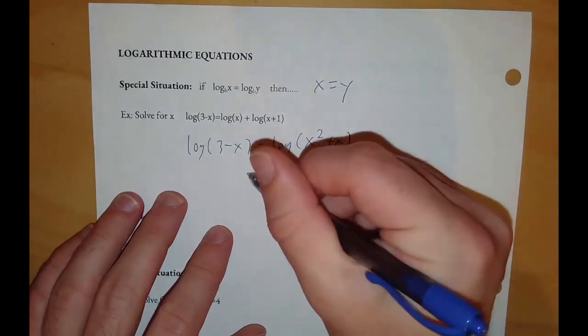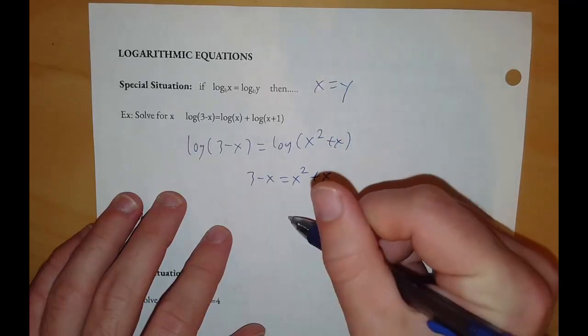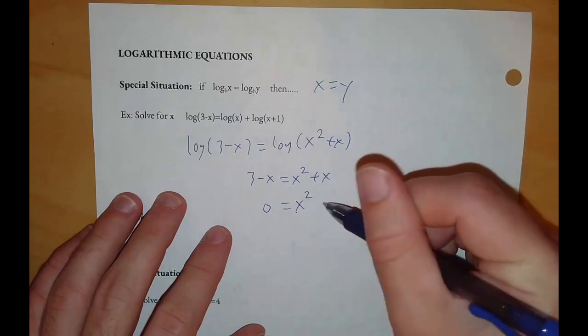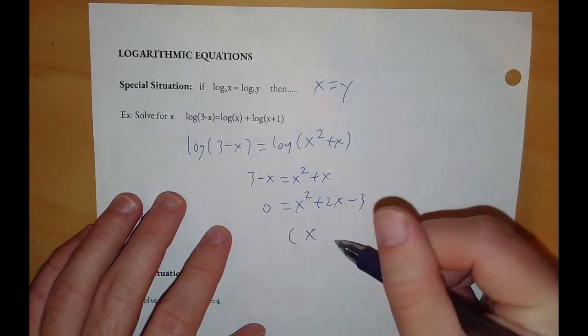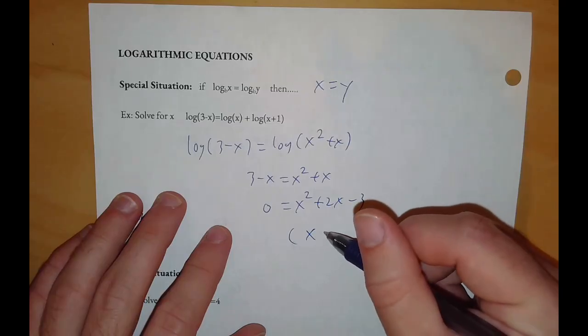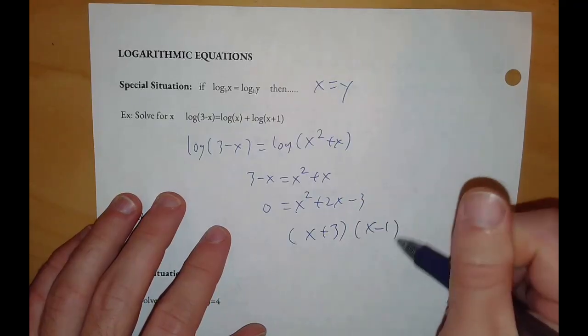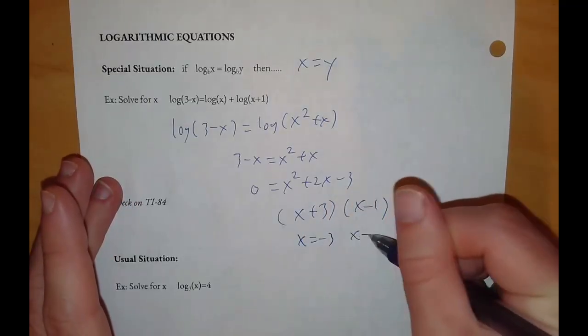So that means that 3 minus x must equal x squared plus x. We solve this by setting it equal to 0: x squared plus 2x minus 3, factors are x plus 3 and x minus 1. So my solutions are x equals negative 3 and x equals 1.